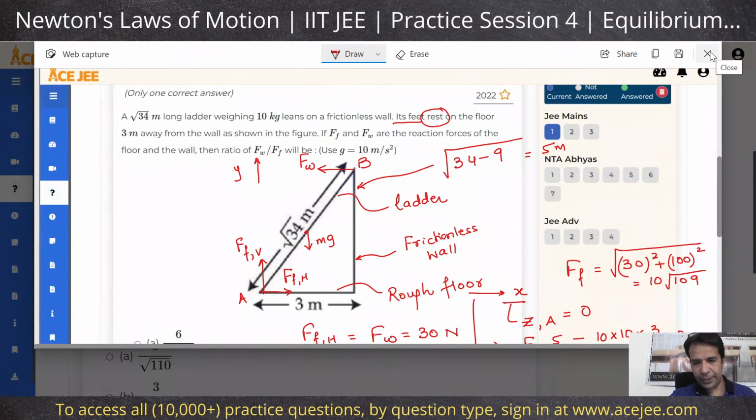Sir, एक doubt था, I forgot to ask you last time also कि what exactly is reaction force? Reaction force is whenever two bodies are in contact, right? So one body is applying certain force on, let's say in this case, ladder is applying certain force on the ground.